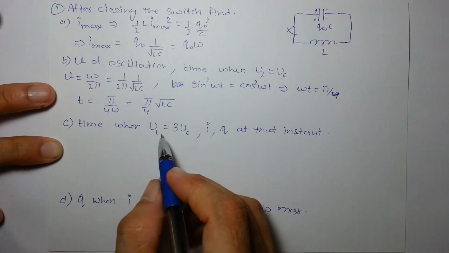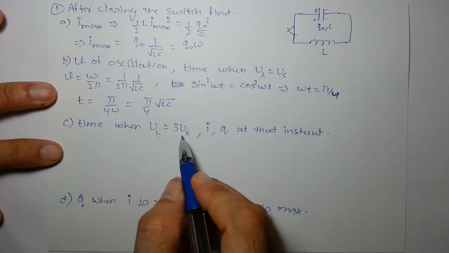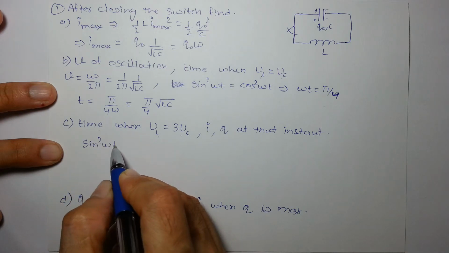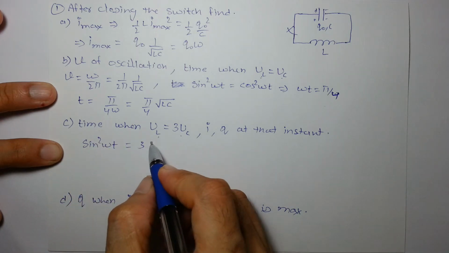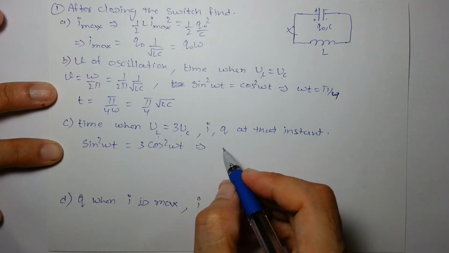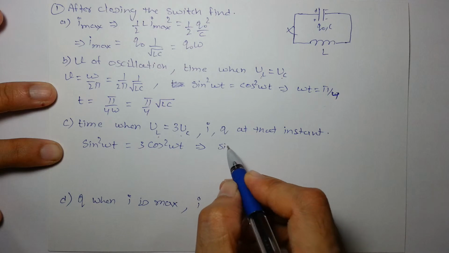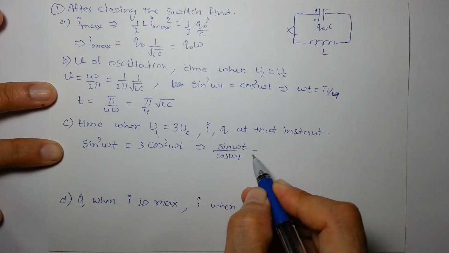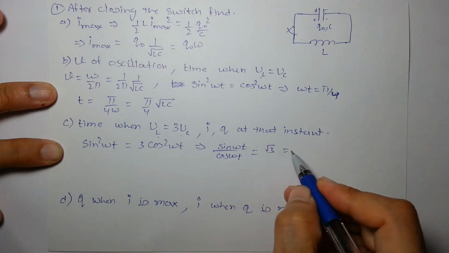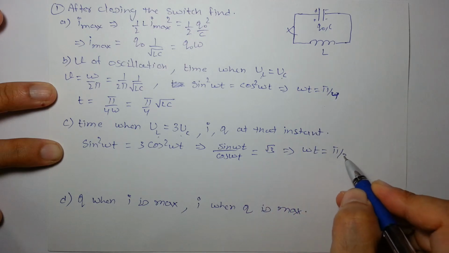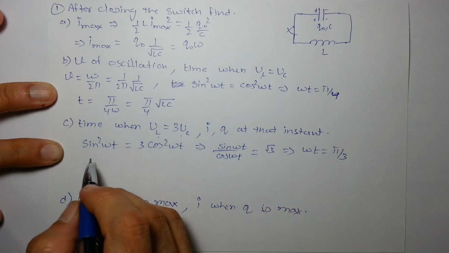Okay. Time when UL equals 3 times UC. Similarly, sine square omega t is 3 times cos square omega t. Just take the root. We will get sine omega t by cos omega t is root 3. So omega t is nothing but 60 degrees or pi by 3. Get the time.